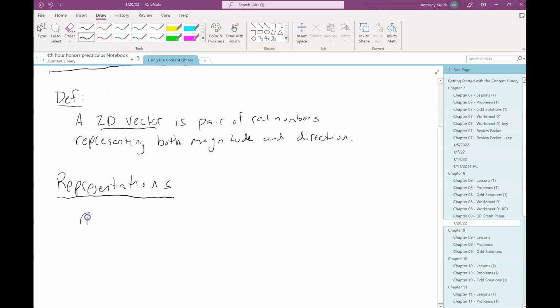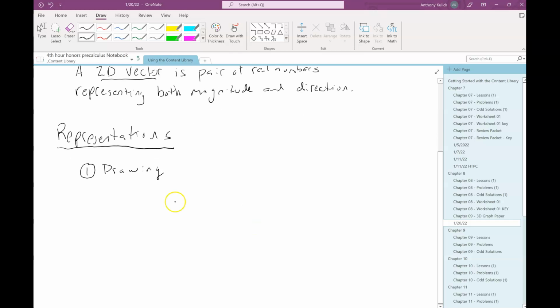The first is with a drawing, or geometrically. When we draw a vector, typically we're going to draw an arrow.